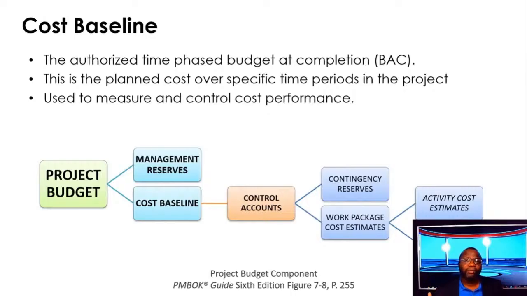And when you hear budget at completion, please know they're not talking about the project budget. The BAC is used as a basis for measuring earned value across the entire project, and it's the same as your cost baseline, okay? So do you have any questions about this stuff I just shared?